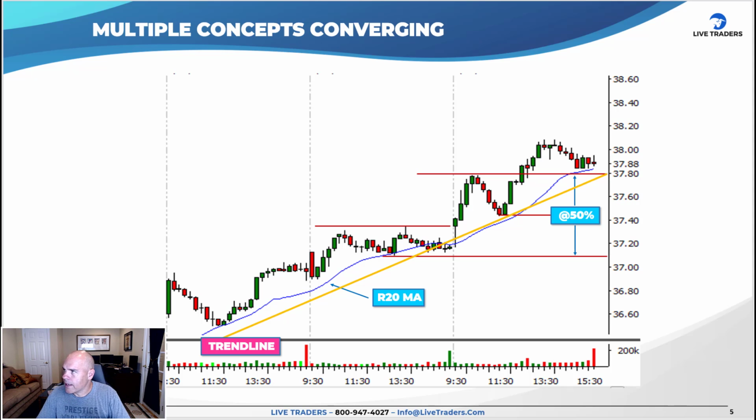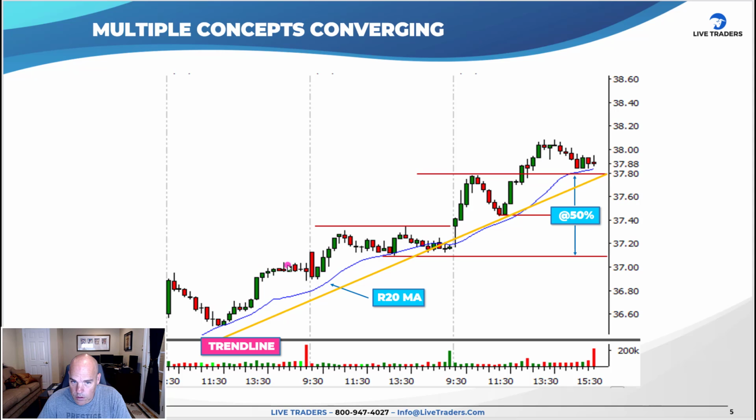in an area, okay? So if we take a look at this chart, we have a few things on here. We have a rising 20-period moving average. We have a trend line on here. The trend line is in this orangish color, and the moving average is in blue. And you look at the stock all the way on the left. It gaps up and moves higher, pulls back to that opening price point, moves up, goes sideways.